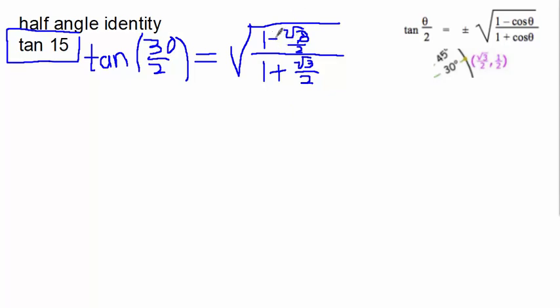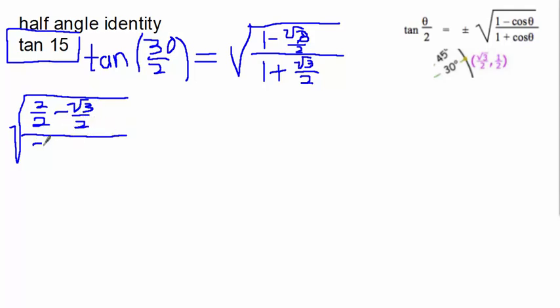And I can simplify the numerator and simplify the denominator separately. So that means I'm going to multiply the 1 by 2 over 2, and multiply the bottom one by 2 over 2.